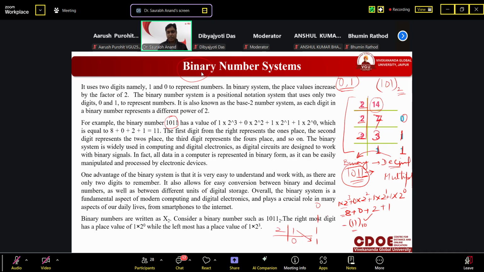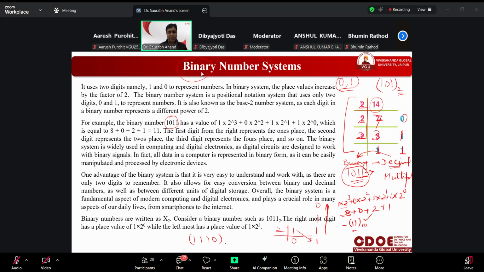Finally we write the remainders from bottom to top. So it is 1110, and this is a binary number, so it will be 1110 with base 2.